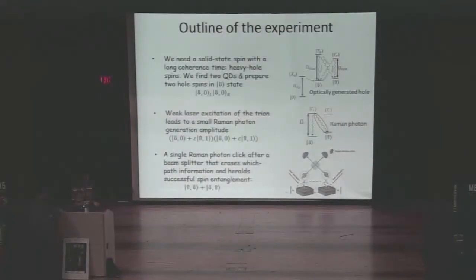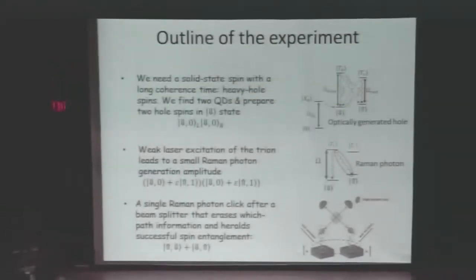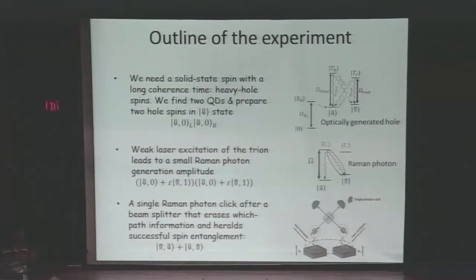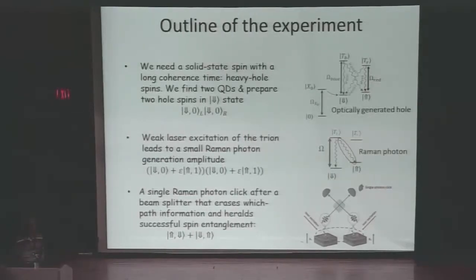If that were the case, which would have a finite probability amplitude if I had a strong pulse, then I would reduce my entanglement fidelity. So in this way, I sacrifice efficiency, or the success rate, for the quality of entanglement. Okay, so that's the easiest way of thinking about it.